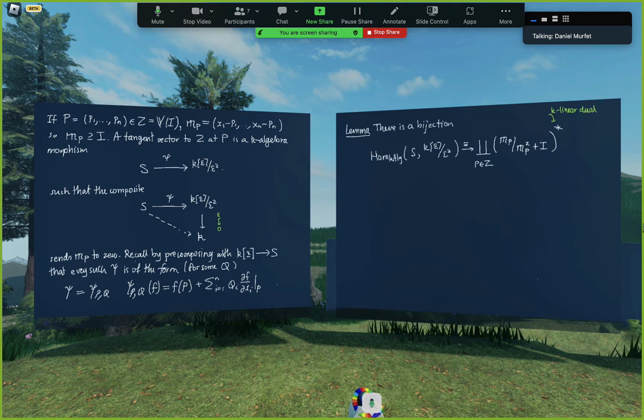So remember, I is the defining ideal of my variety. So this is telling you what the space of tangent vectors at any given point is. It's this thing that appears in the disjoint union.